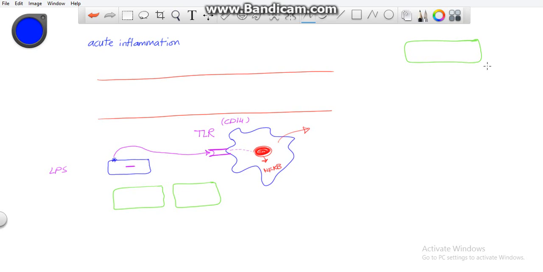An enzyme called phospholipase A2 will convert parts of the phospholipid membrane into arachidonic acid. Now, this is a really high yield point. Arachidonic acid can go via 2 pathways, and arachidonic acid metabolites are really important in the process of acute inflammation.